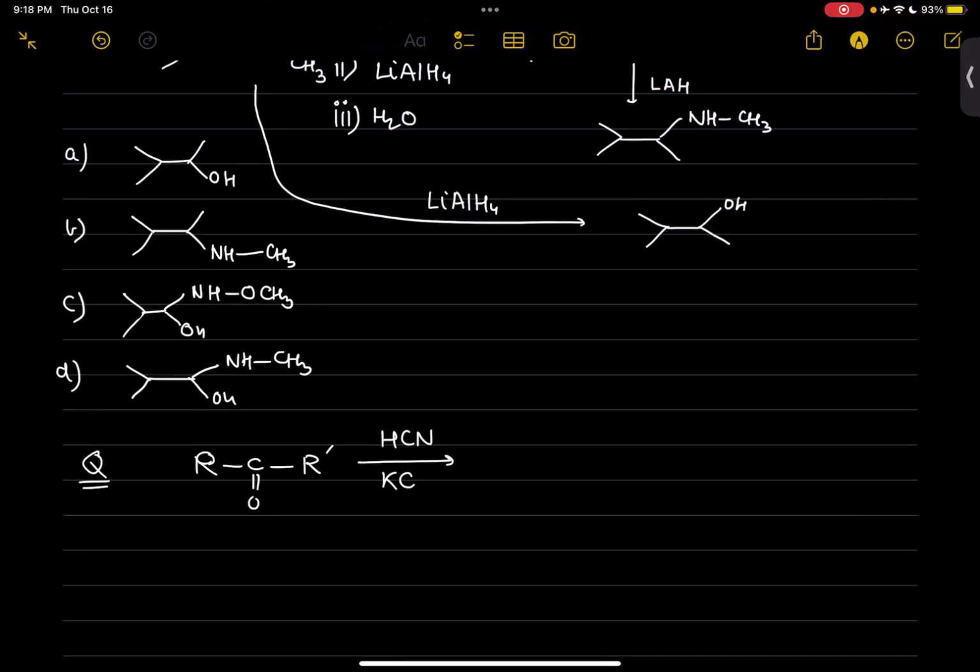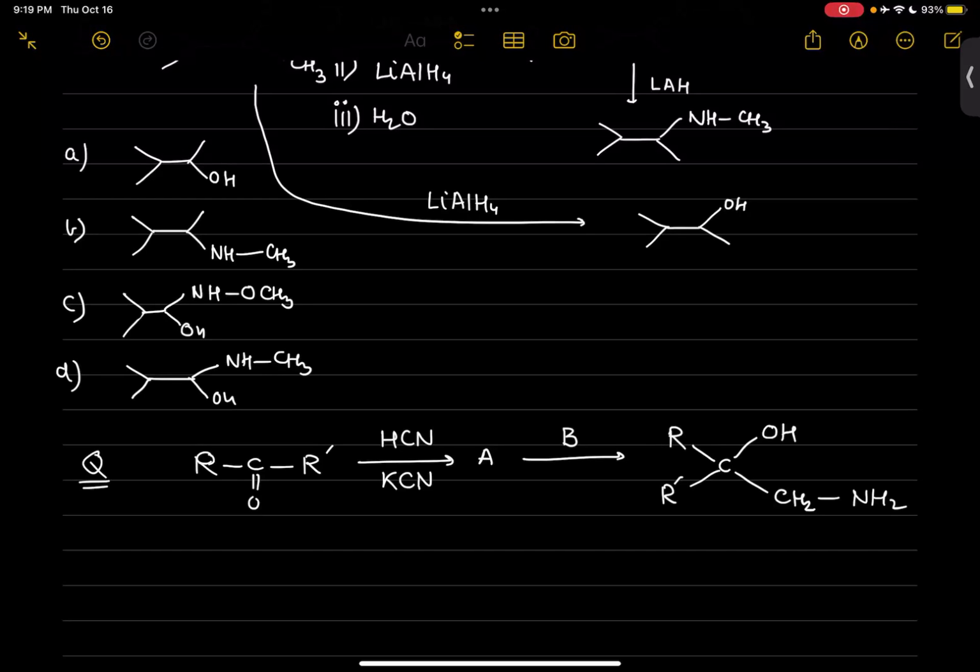HCN, KCN, or sometimes it is written as KCN, H plus. Okay, heat. No, B. You need to treat it with the reagent B, and that treatment will lead to the formation of this compound.